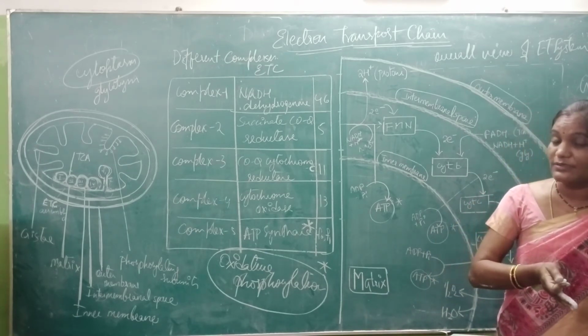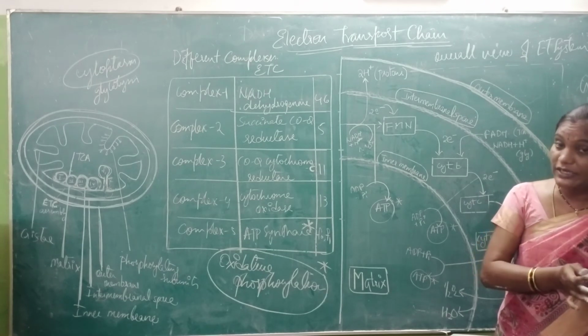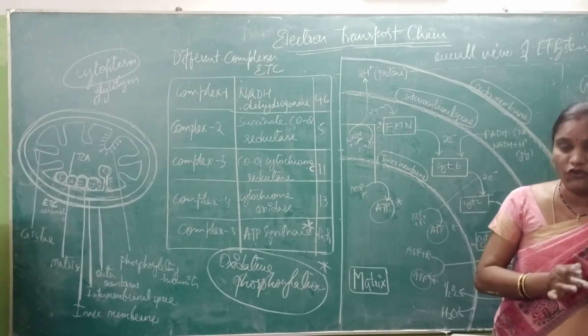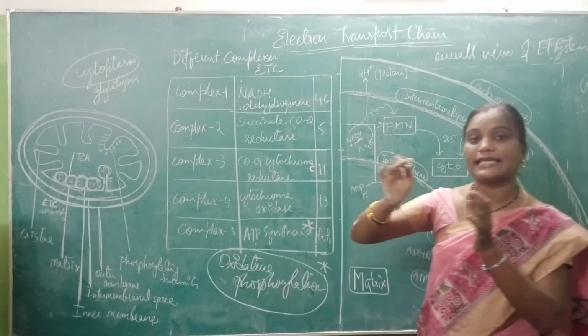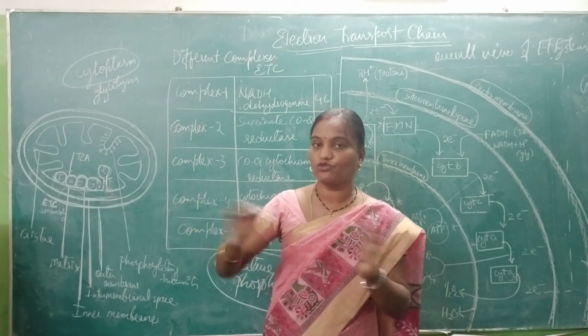So this particular substance which is donating, losing or giving up electrons is known as the oxidized form. These 2 electrons are accepted by the other substance to which it is giving.